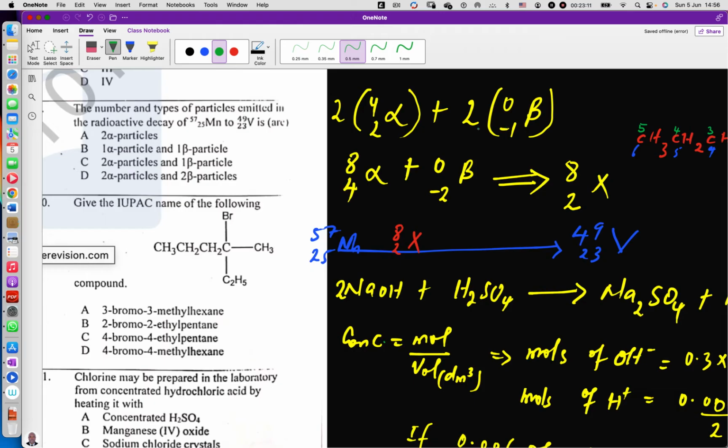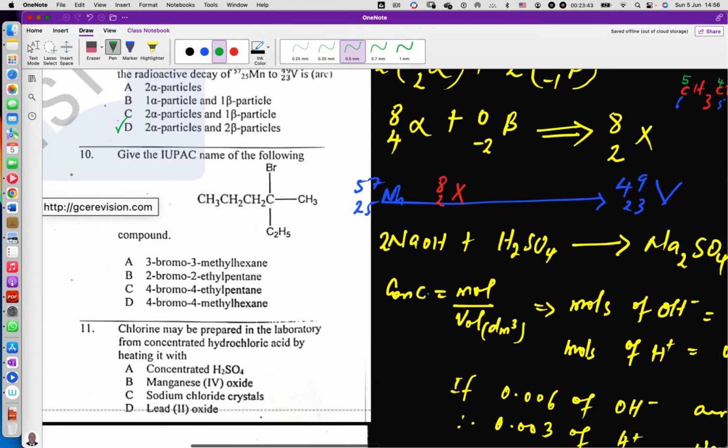So we have 2 alpha particles and 2 beta particles resulting in this. If we go back to our answer column, we will see that 2 alpha particles and 2 beta particles have been lost. In that case, our answer D is the right answer for us.